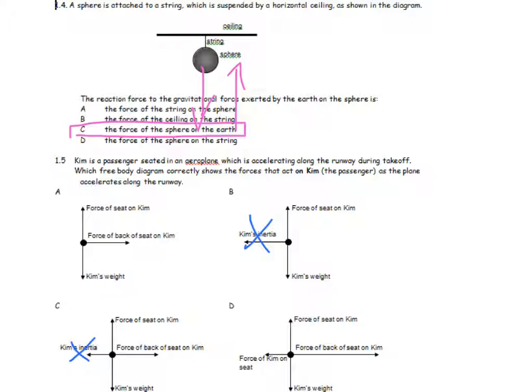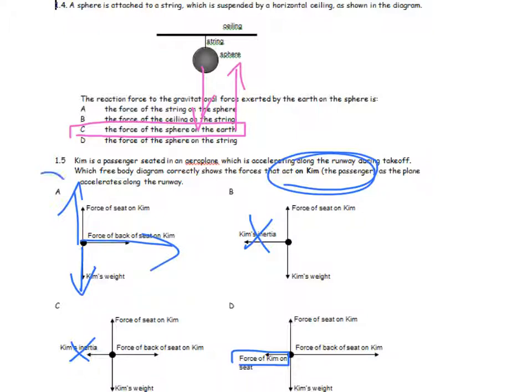And the force of Kim on the seat is worthwhile, but it's not a force that is going to cause her to move in any way. It's a force of Kim onto the seat. It isn't a force of the seat onto Kim. Remember, these are the forces that act on Kim. So the only forces that act on Kim are the Earth attracting her, a normal force pushing her back up, and the back of the seat on Kim, which drives her forward. So A is your correct answer.